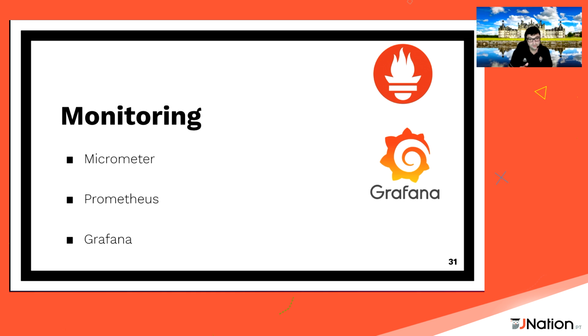You can then use a Prometheus time series database to expose all the metrics of your application, such as the memory and the CPU and so on. And you could use Prometheus to query your data, but I strongly recommend using Grafana. It's easier to do that. You will have beautiful dashboards.